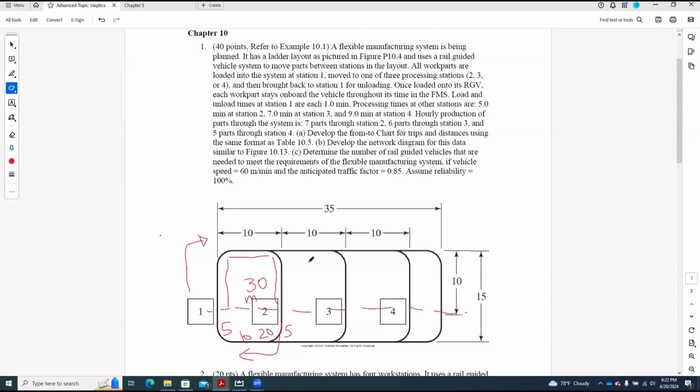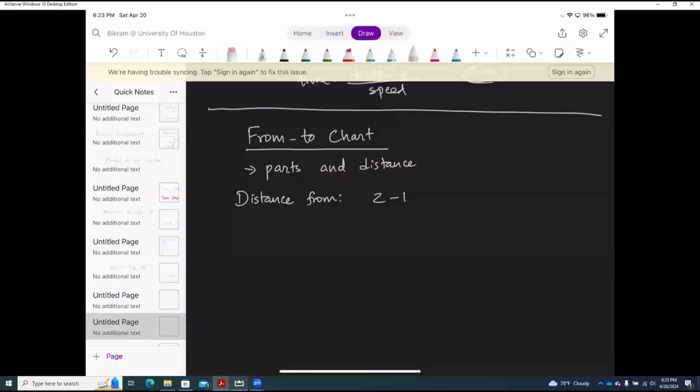This way we can calculate the distance from 1 to 2, 2 to 3, and so on. Let's calculate that. Sorry, let's start from 1 to 2.